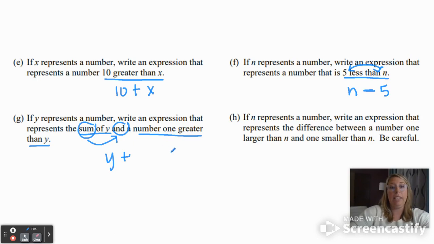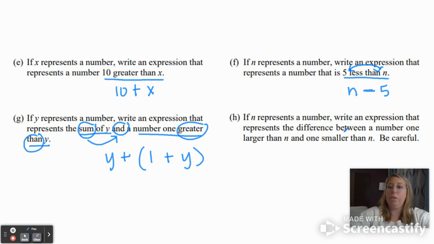Greater than is another addition sign. And it says 1 greater than y. So 1 plus y. So this is y plus 1 plus y. And if you wanted to put the 1 plus y in parentheses, you could, just to keep that as a group since it is grouped together in the problem.